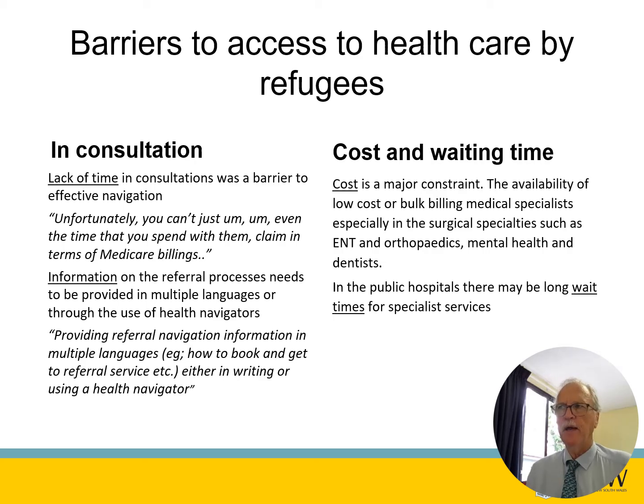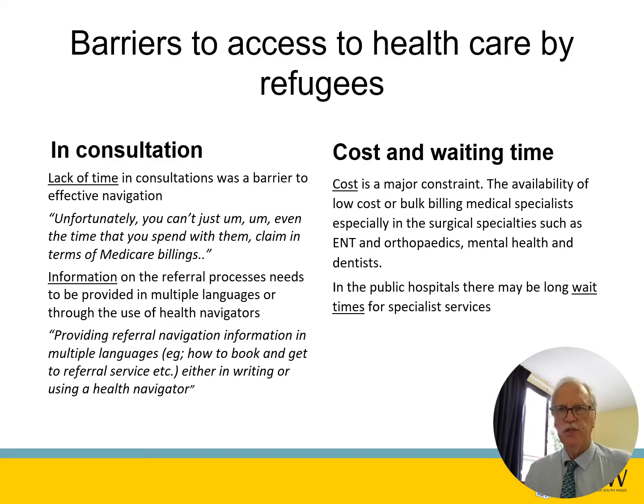There may also be problems with information. There may be written information available, but not in the language that the person needs. And lastly, there may be barriers to healthcare. For example, cost may be a barrier, and there may also be long wait times in the public health services.